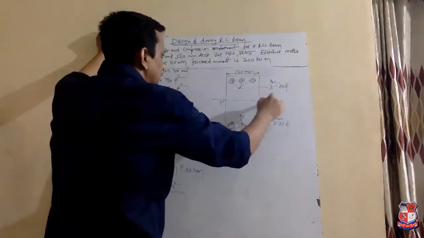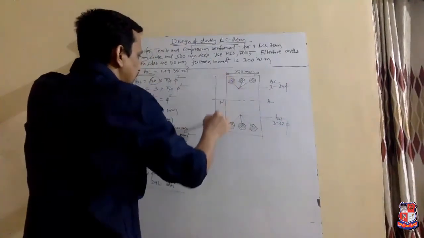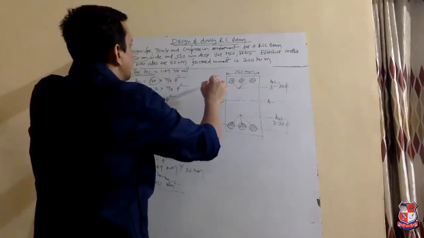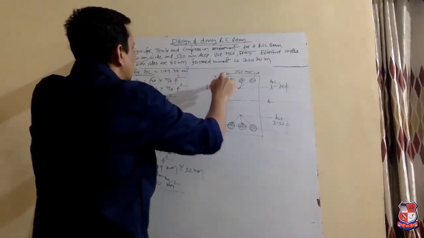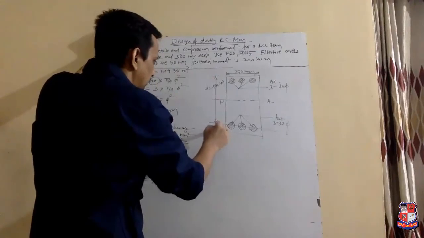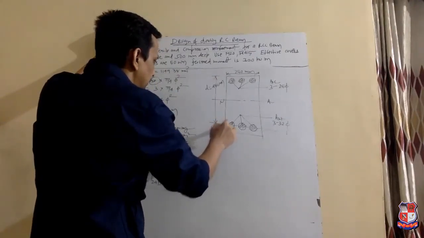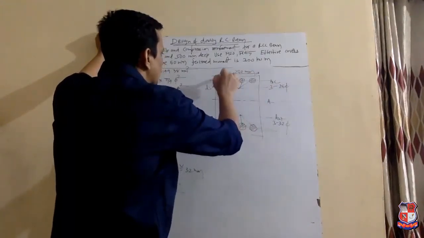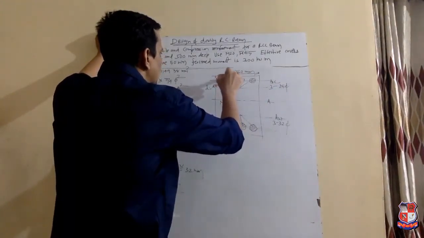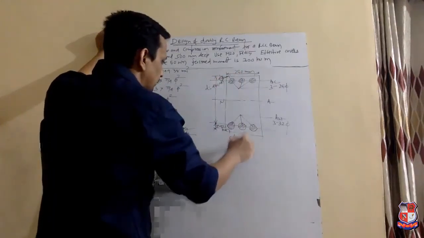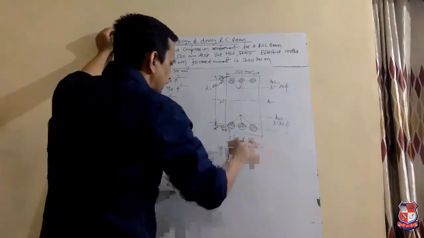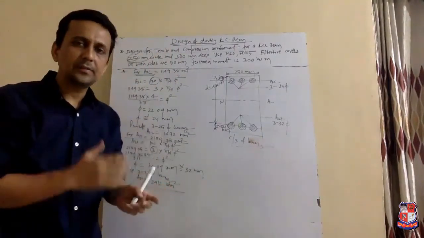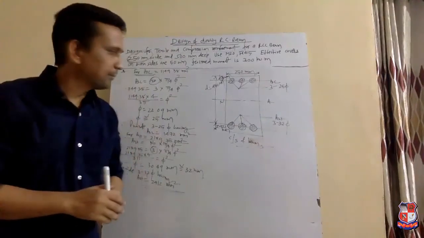This is the neutral axis. Effective depth is 450 mm. This is 50 mm and d dash is also 50 mm. Cross section of the beam. So in this way, we can design the doubly RC beam, right?